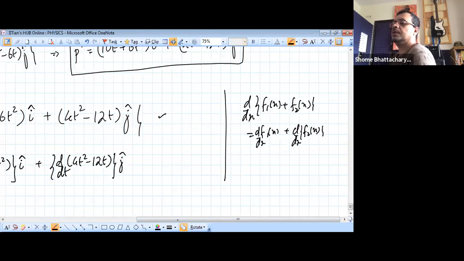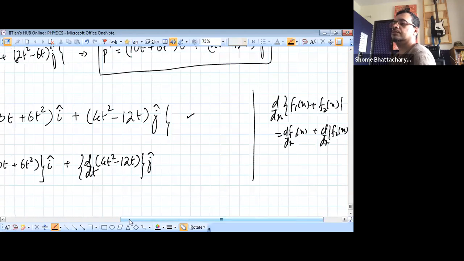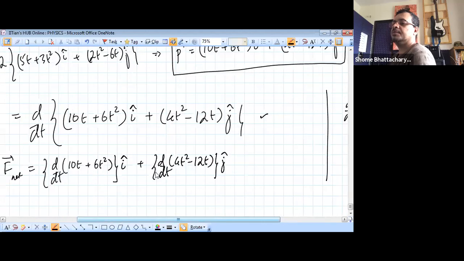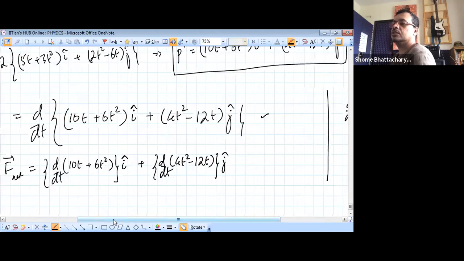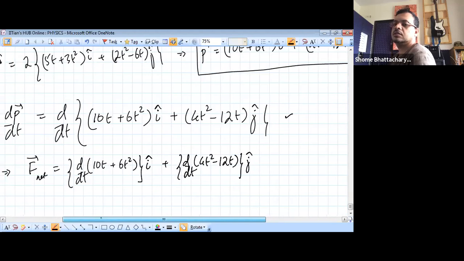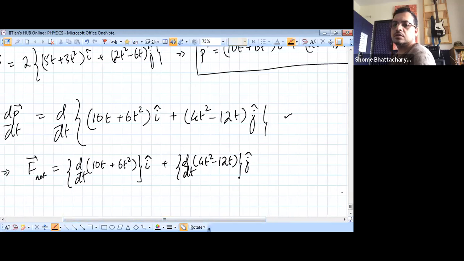That is what we are applying over here. Along with that, there's also i cap and j cap, and they are just constants. Very good, that is correct.